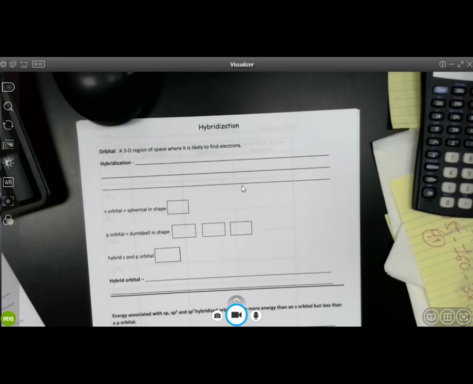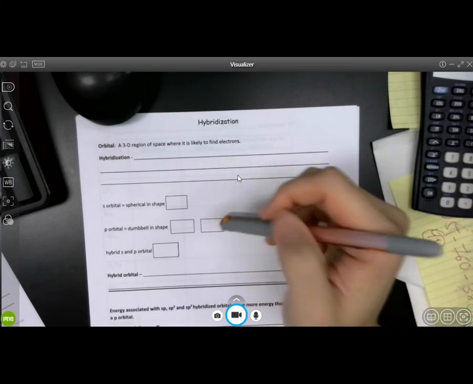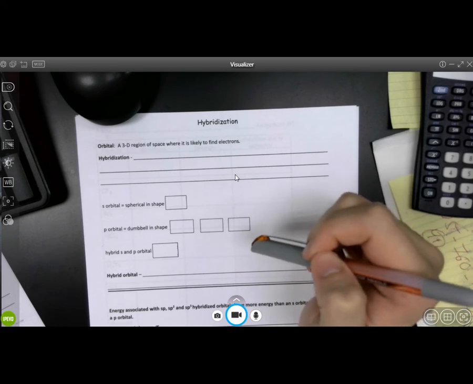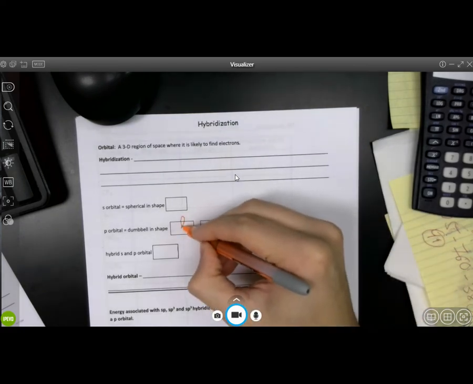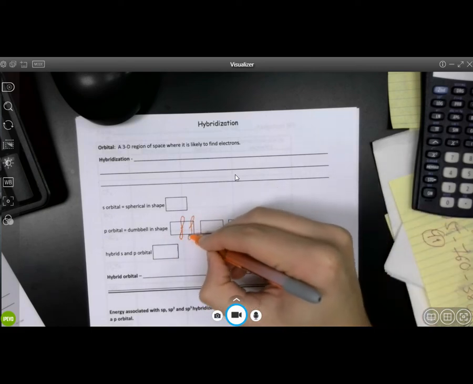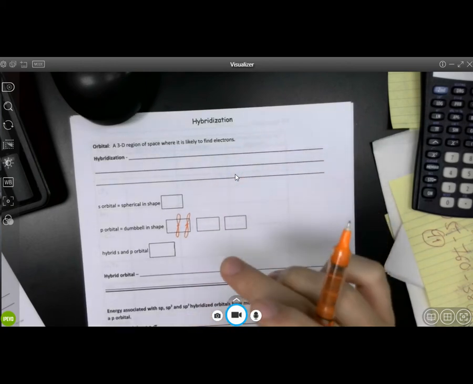Remember, every orbital can hold 2 electrons. So an s orbital could hold 2 electrons. A p orbital, typically there are 3 orbitals in the p sublevel. They are dumbbell shaped. If I wanted to draw that, we would see that. And I'm not a great artist, I apologize. They have the shape of a dumbbell.